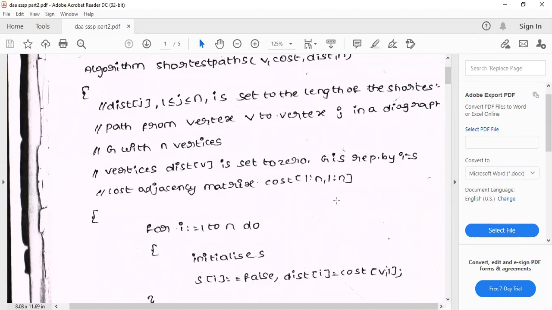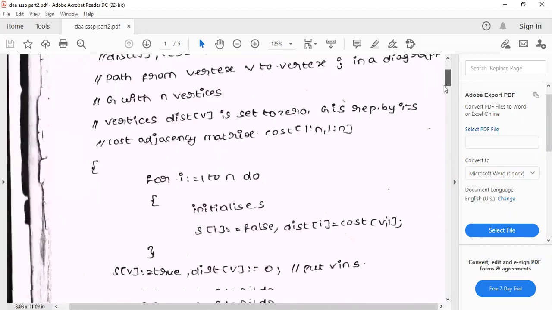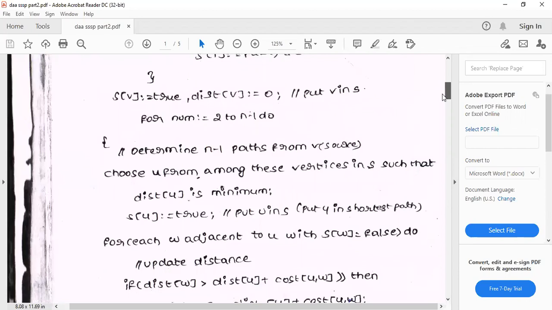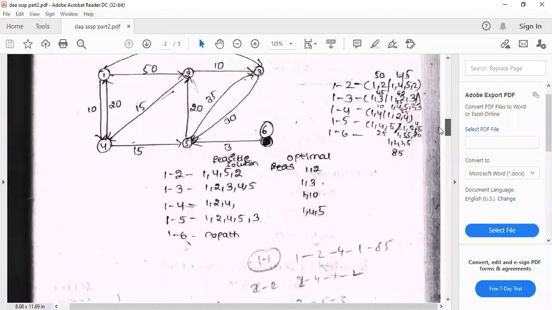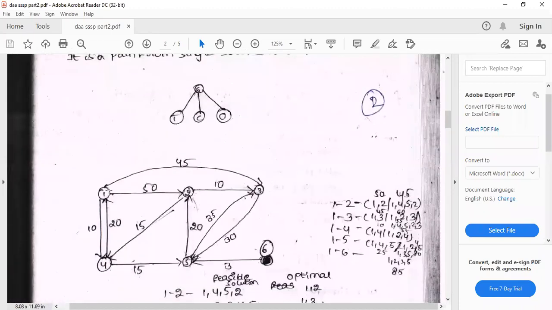Okay, we are finding the shortest path from a single source to all the destinations. So we are finding the shortest path from 1 to 2, 1 to 3, 1 to 4, 1 to 5, 1 to 6, but there is no path from 1 to 6.